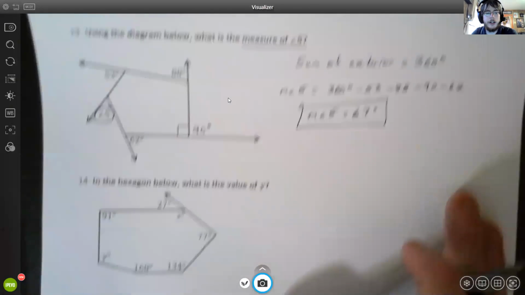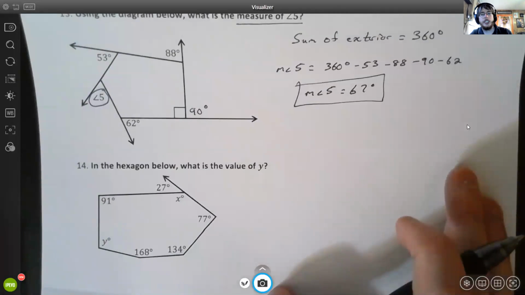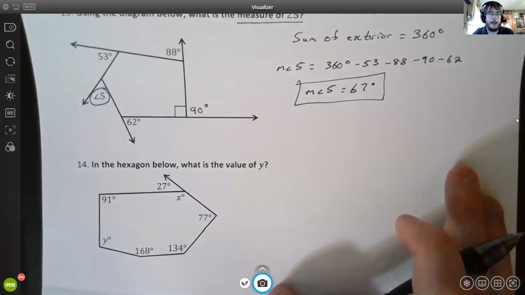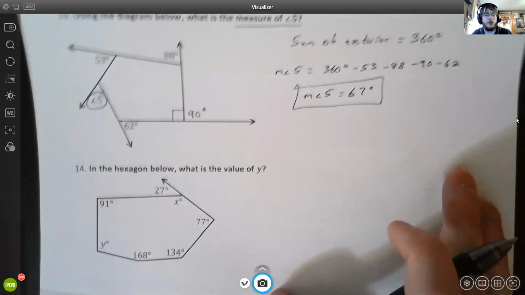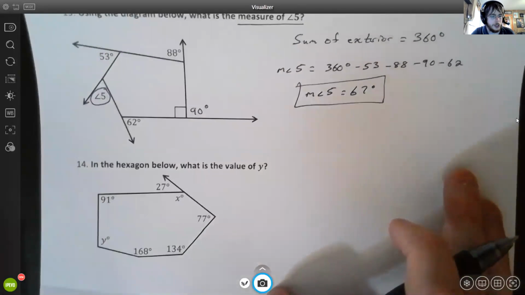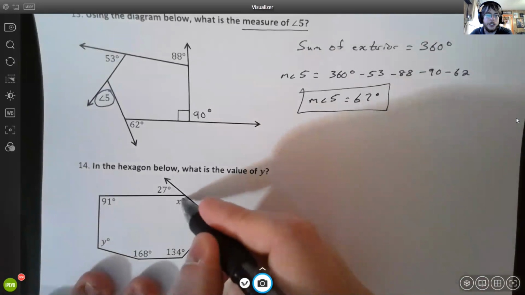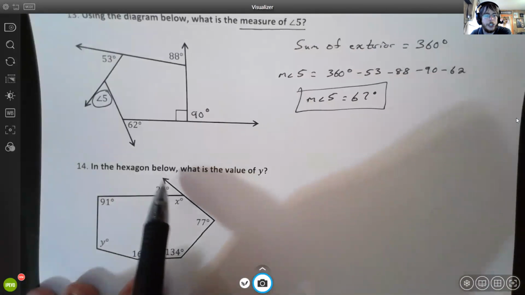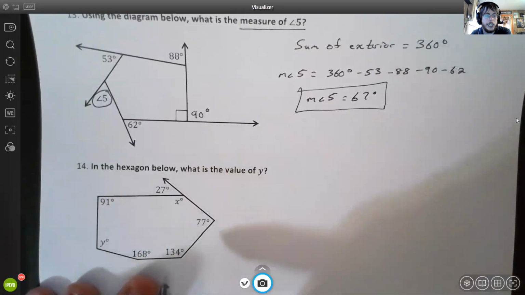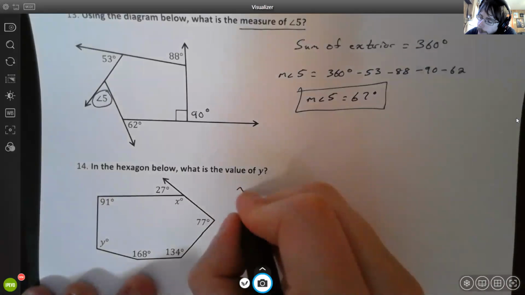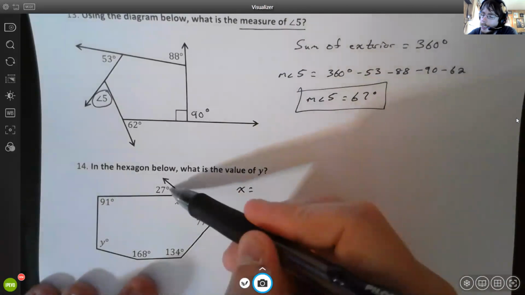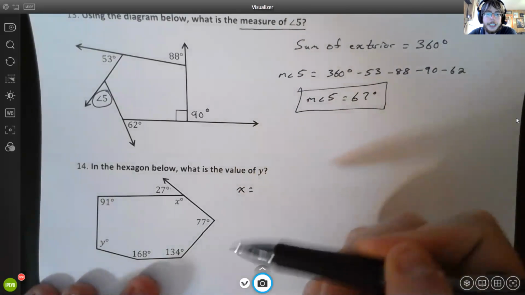All right, and then our last one here, number 14. In the hexagon below, what is the value of y? Now you'll notice that there are two different values that we do not know. We don't know y, but we also don't know x. However, we do know that there's an exterior angle here, 27 degrees. So we can go ahead and find x. To find x, we know that this interior angle and x would be supplementary.